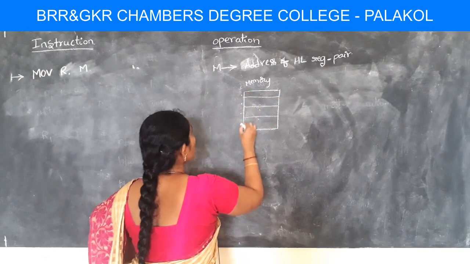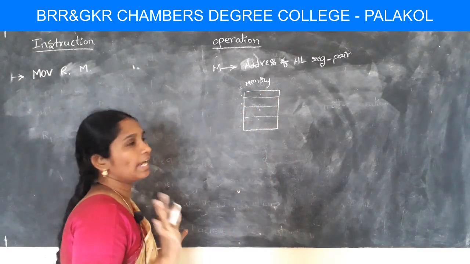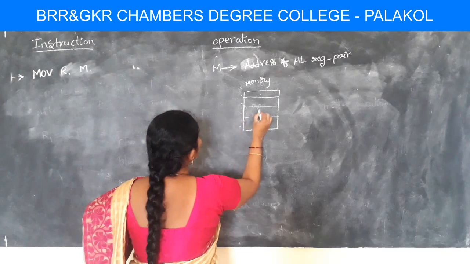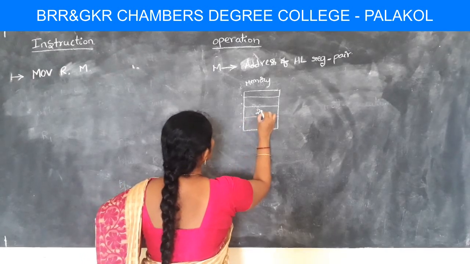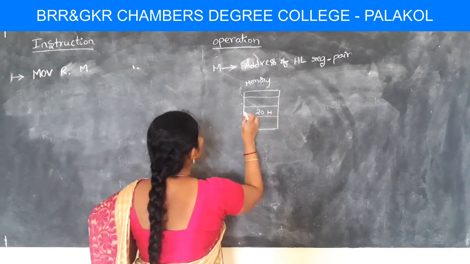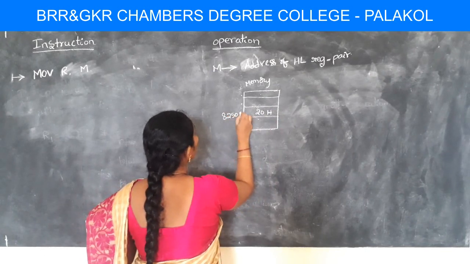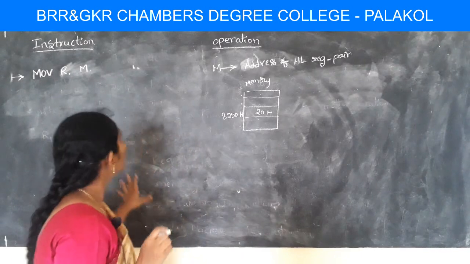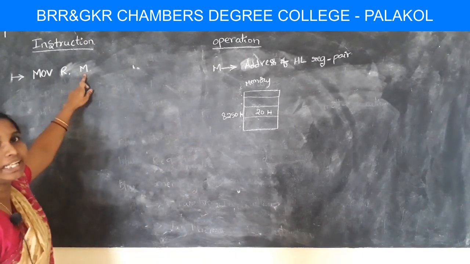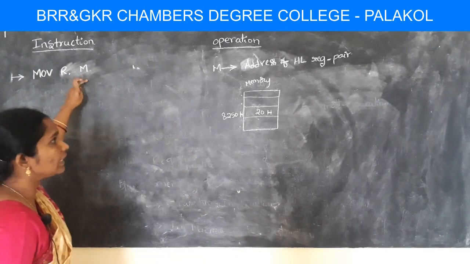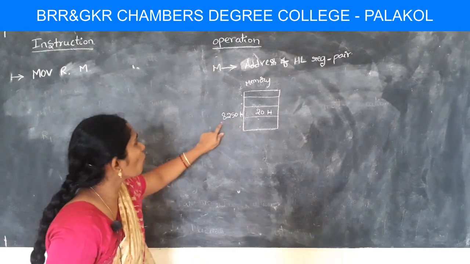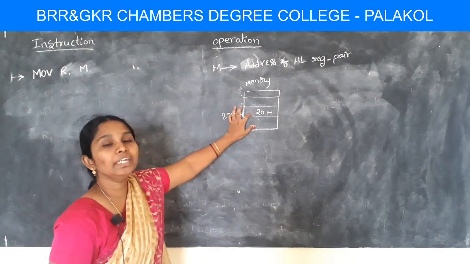Every instruction has a specific address. For example, here I consider the data is 20H and the corresponding address is 8250H. Okay.